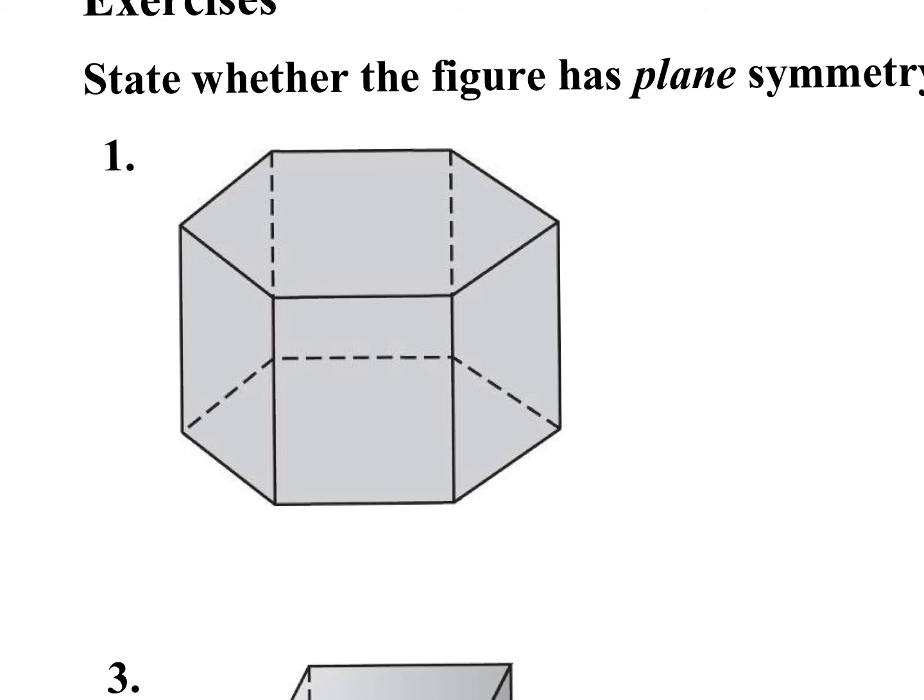But I also know that I can draw a horizontal plane or a vertical plane such that I could reflect it across itself along the plane. So this first one actually has both plane and axis symmetry.